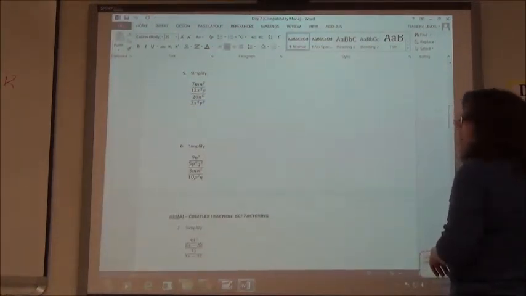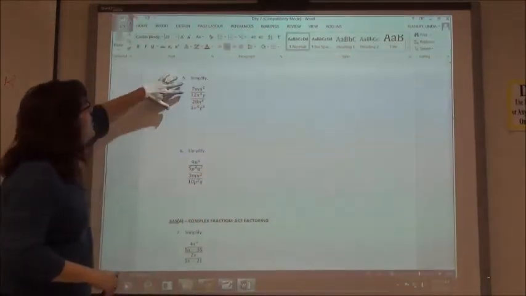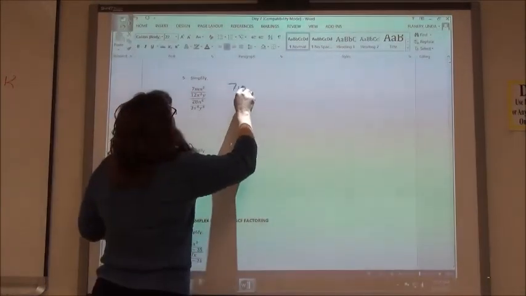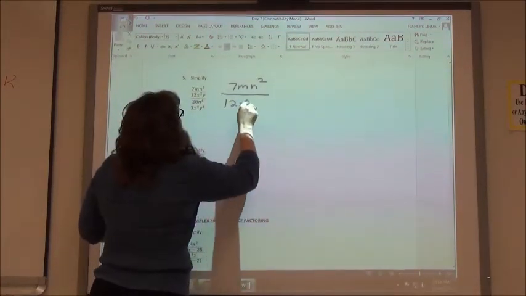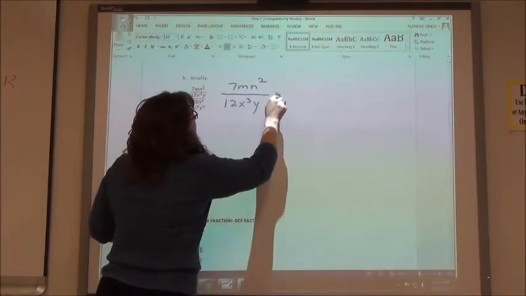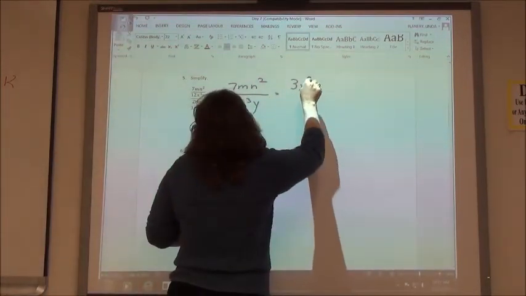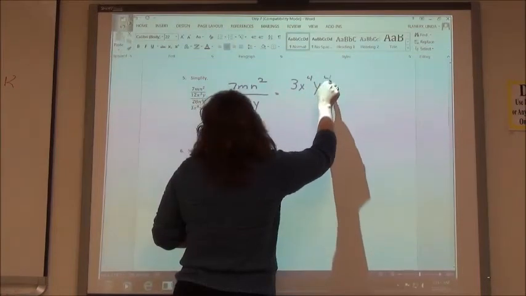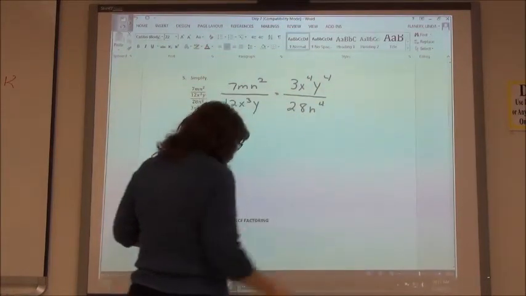So number 5, we're going to rewrite this as a multiplication problem. So 7mn to the 2nd over 12x to the 3rd y times the reciprocal 3x to the 4th y to the 4th and 28n to the 4th.